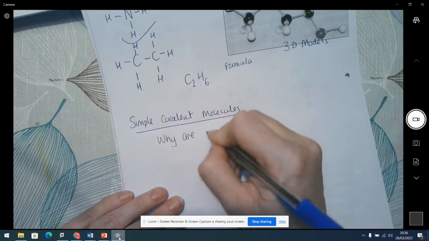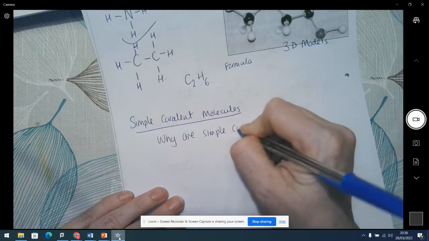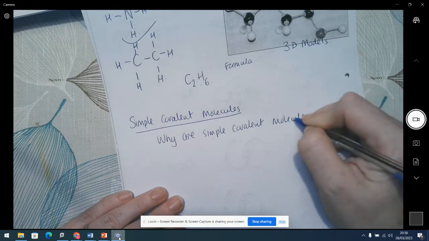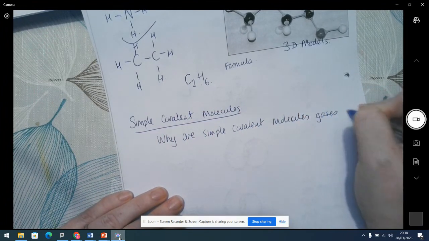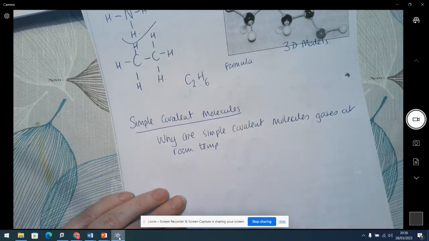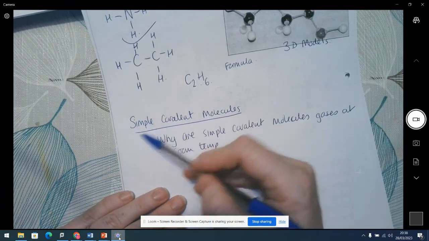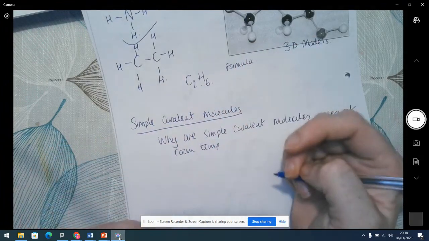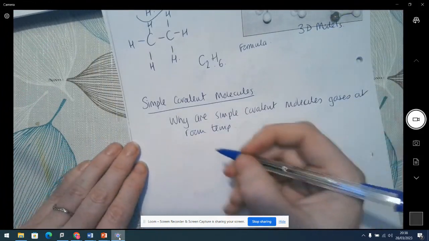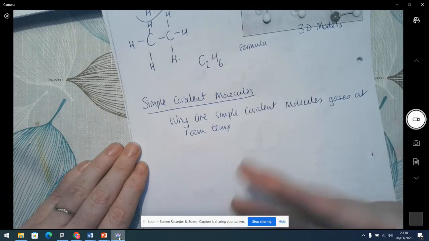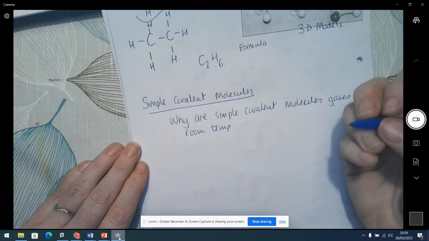So why are simple covalent molecules gases at room temp? Okay, so looking at its name, simple, I think not complex, I think weak. So it's the opposite to giant. So just keep that in the back of your minds. So to break that answer down, it's usually a 3 marker, could be a 4 marker, it just depends on what the question is asking.